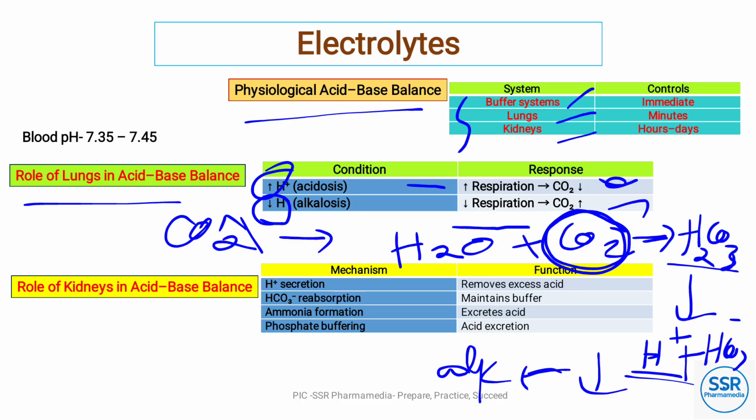Based on the rate of breathing, the blood pH is affected. Medium breathing is good for health. In that way, the lungs are involved in maintaining acid-base balance.